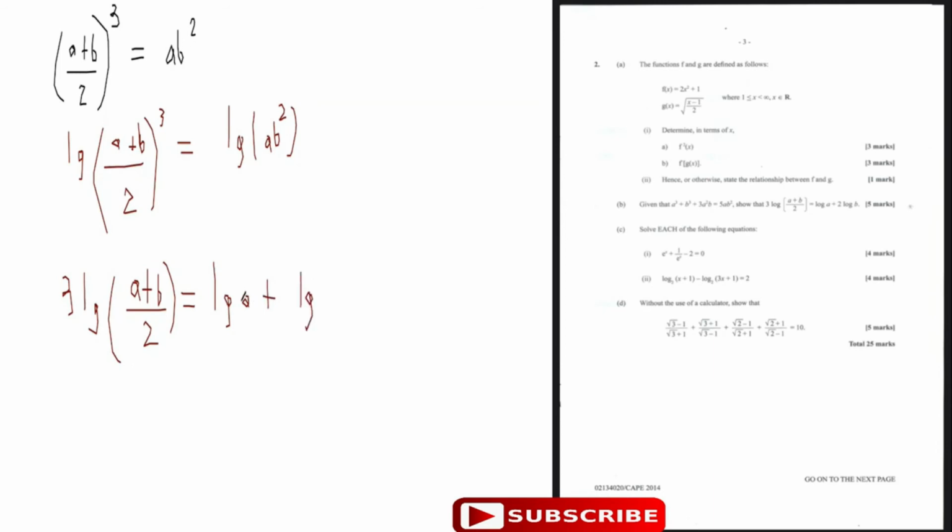Nice. Now I can go even further to break it down as log a plus 2 log b. And that is equal to 3 log of (a plus b) over 2.